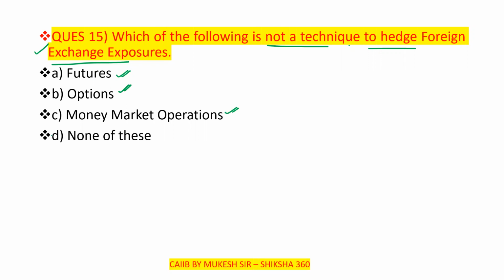So according to me, option C, money market operations, will be the answer here. If anyone has any doubt or query, you can ask.